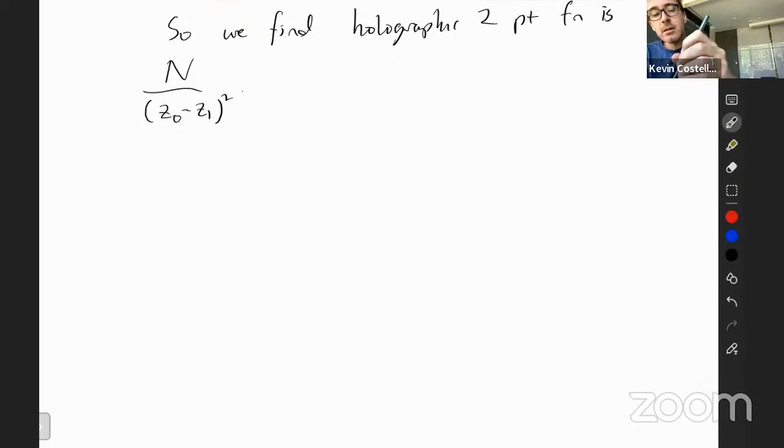Okay. So how about the 3-point function? Then we will play the same game.